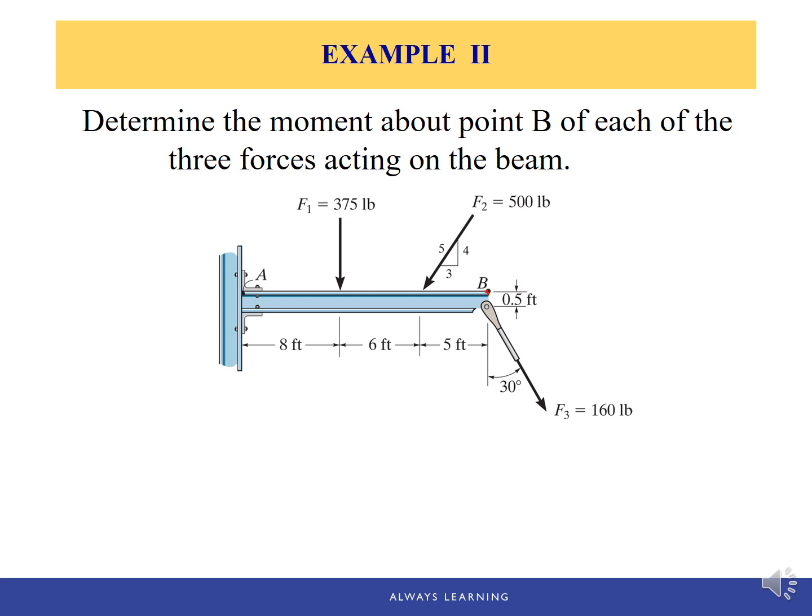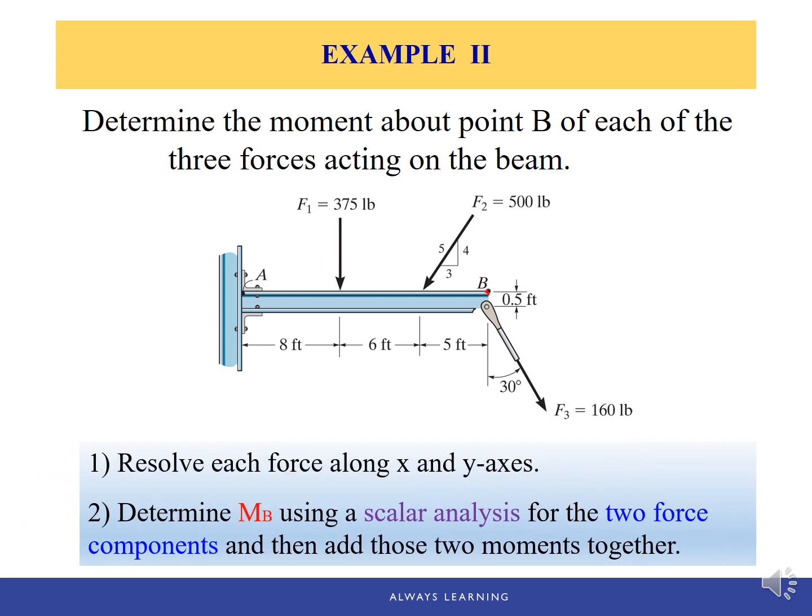So since this is still a 2D problem, let's use the scalar formulation to find the moment about point B again. To use the scalar formulation, usually the first step is to resolve the force into the x and y components.